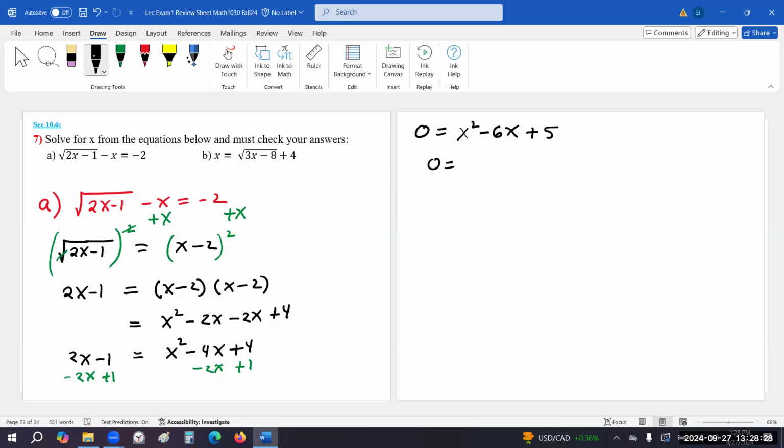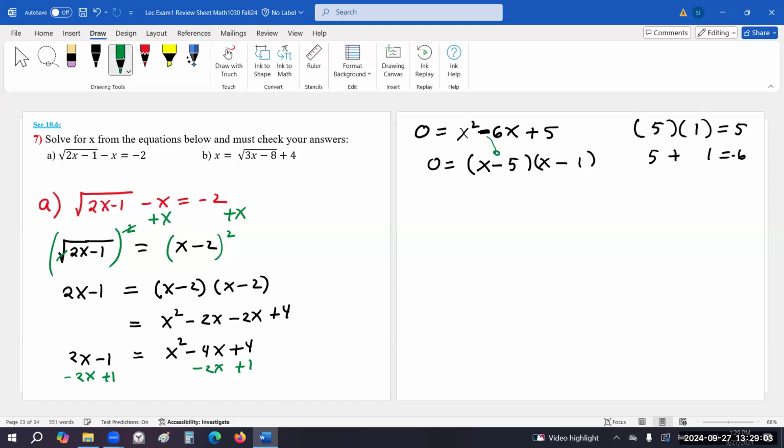And then we can factor it out. So it's x minus 1, x minus 5. The two numbers multiply to 5, combine to 6. 5 has only two choices, 5 and 1. So it's definitely 5 and 1. But we have our middle term negative.